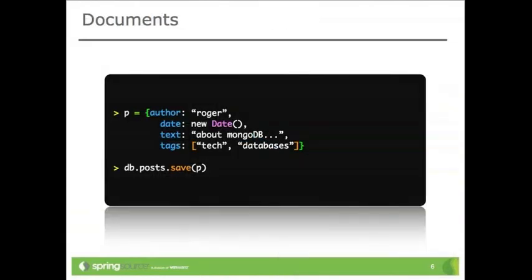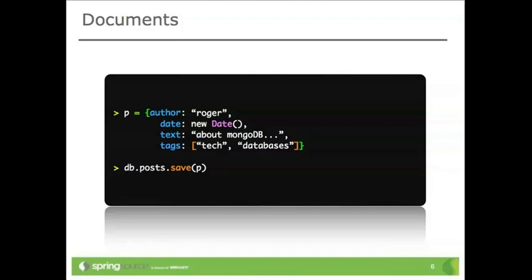These examples are shown using the MongoDB shell, and they're designed to give you a quick introduction to the database itself. Following this brief introduction, Thomas is going to show you how to actually access this from the Spring Data framework. But this hopefully will give you a good primer on what's going on behind the scenes inside your database. All these examples are written in JavaScript, which is the native language of the shell in MongoDB, and you can cut and paste all these examples from these slides into your MongoDB shell and see them working for yourself.